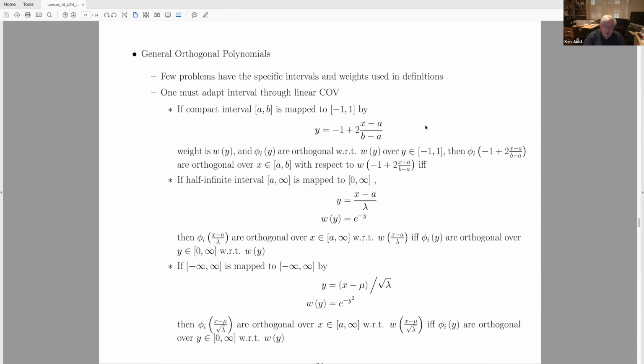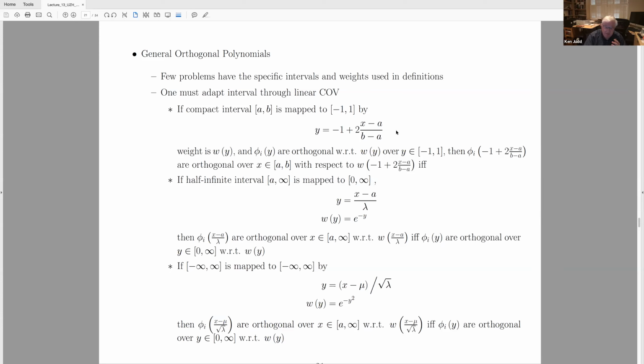Now, so far that's pretty easy. Here is where it gets nasty, where you say, well, my model doesn't live on -1 to 1. How am I going to do it if, let's say, in a growth model, capital stock lives between 1 and 5? How useful is this? Well, it's very useful. You just have to do a linear change of variables. Any compact interval [a, b] you can map into [-1, 1] by this map.